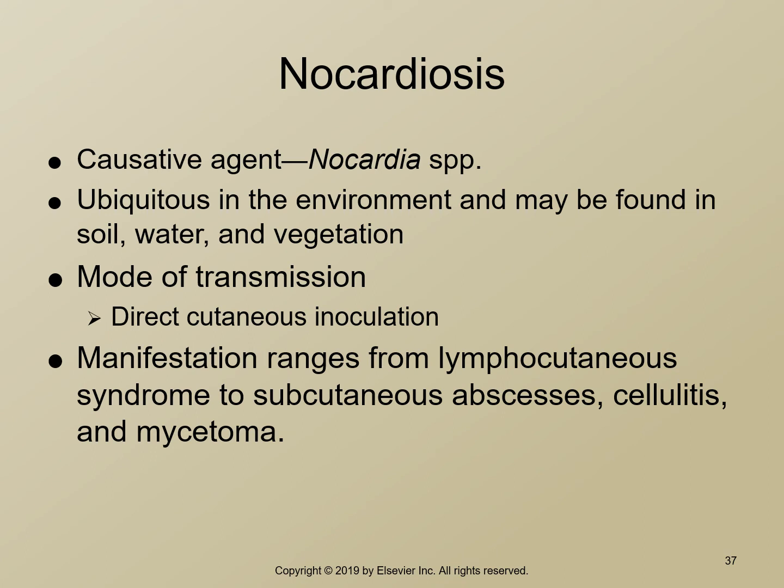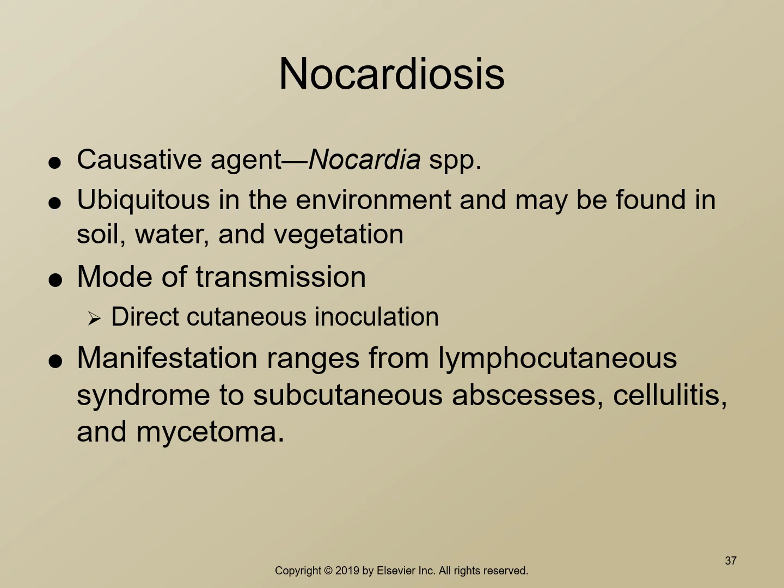Nocardia species are found in various areas in nature and the environment, such as soil, water, and vegetation. They're part of the aerobic actinomycetes group. Remember that includes Corynebacterium, Rhodococcus, Gordonia, along with Mycobacterium. Nocardia are the causative agent of nocardiosis, which can be transmitted by direct cutaneous inoculation.